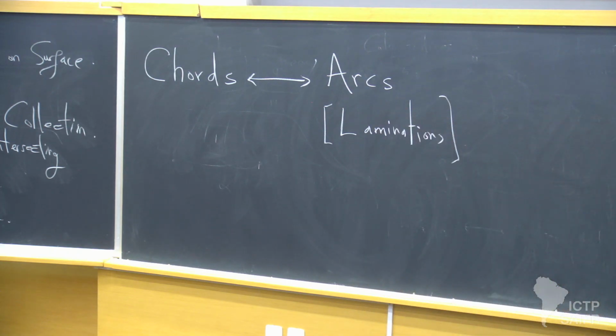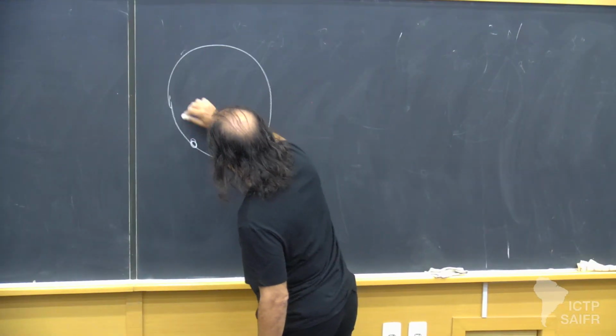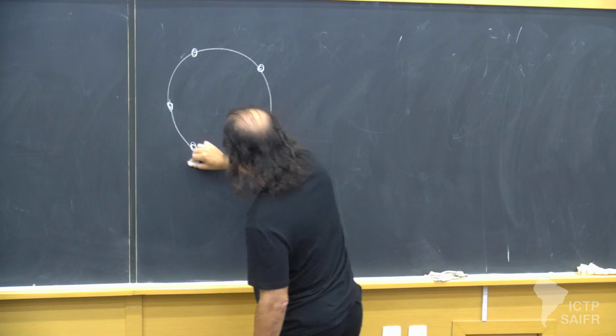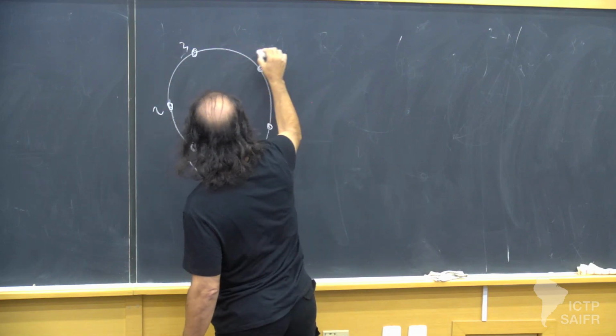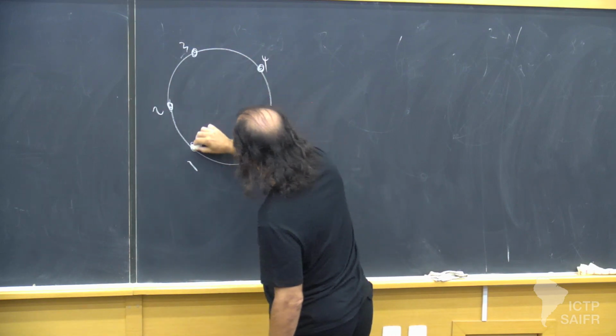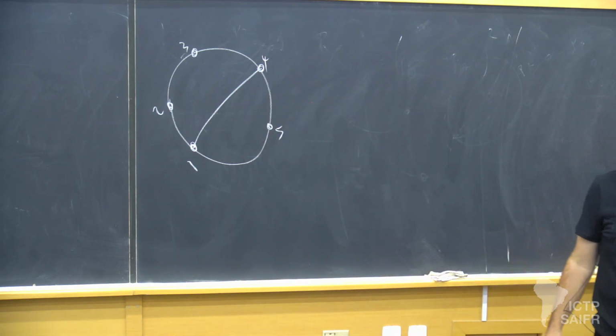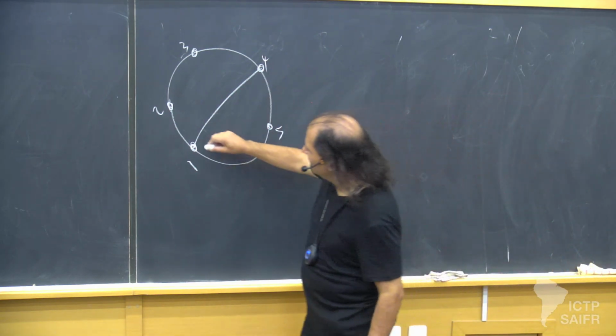Let me explain what I mean, again back on the disk at tree level. For example, we've been drawing curves like this, like 1, 4, without thinking about it. But if you think about it, this is a little bit funny.